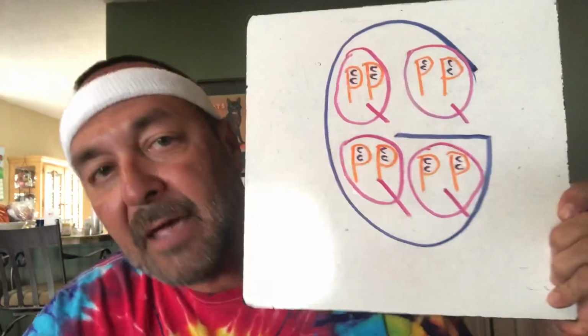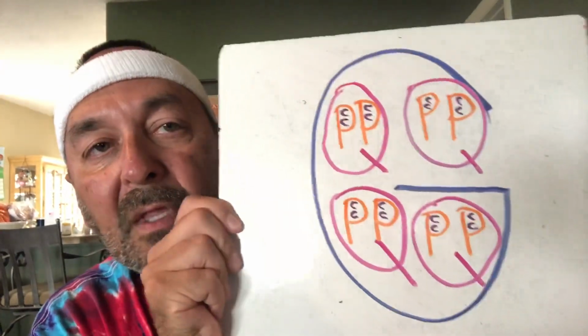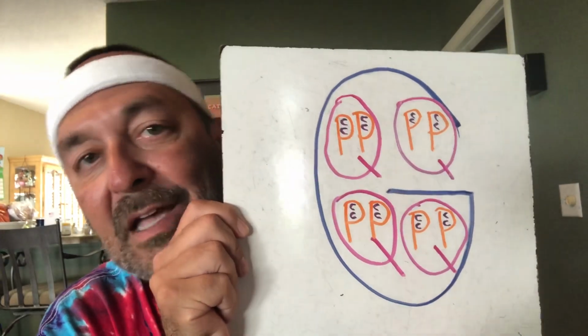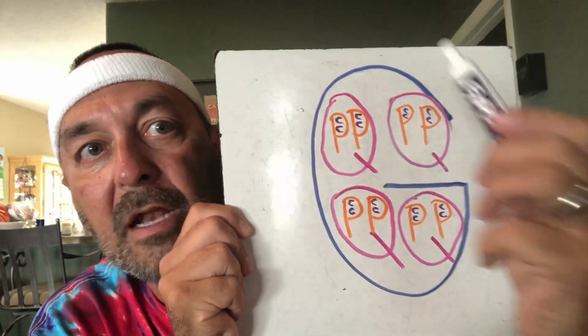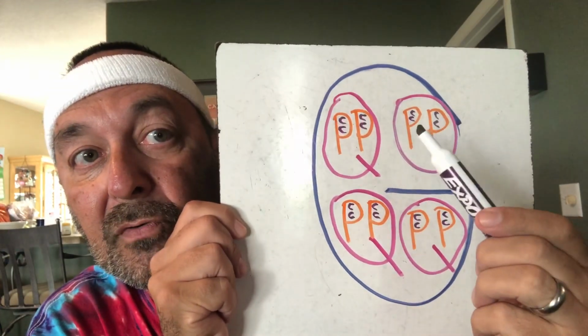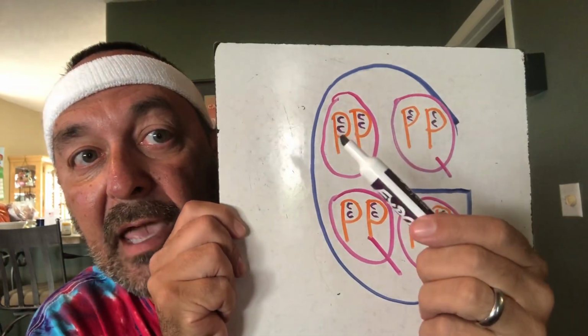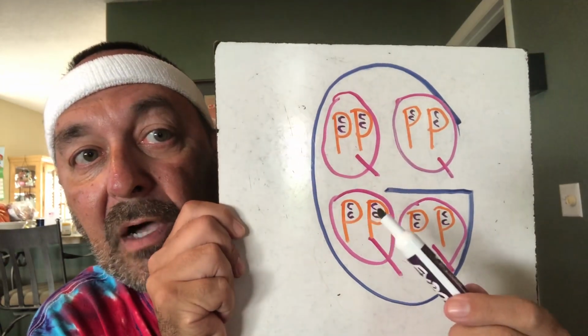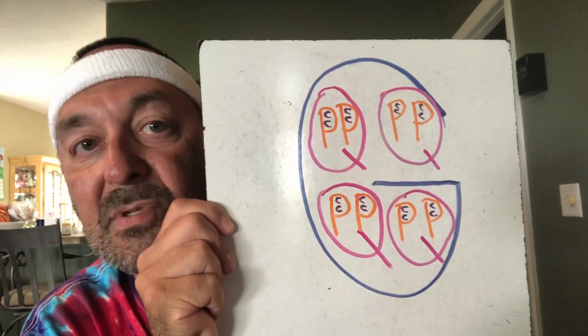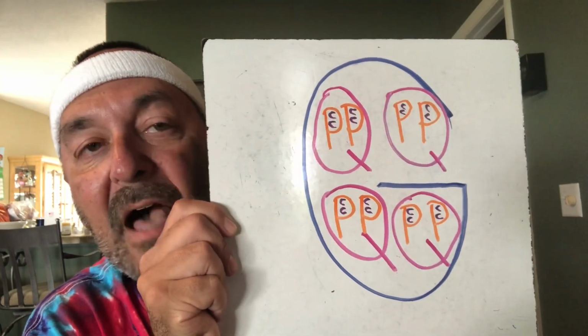This is the whole idea of this. I want you to be able to think about this: if I wanted to count how many cups are in a whole gallon, I would have 2, 4, 6, 8, 10, 12, 14, 16 cups in 1 gallon.